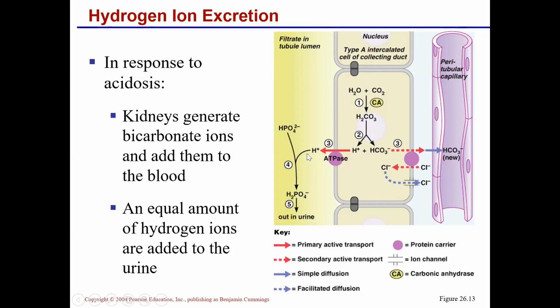In the filtrate, it's going to bind with monohydrogen phosphate to form dihydrogen phosphate. So you continue to remove the hydrogen to keep this reaction going from the CO2 side to the bicarbonate ion side. This phosphate buffer system is normally only seen in the urinary system. In the regular blood circulation, we do not really use this phosphate buffering system.